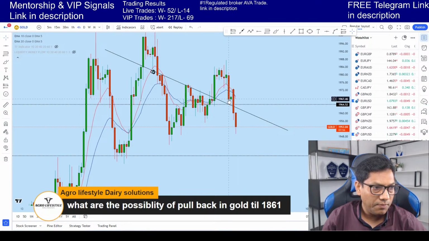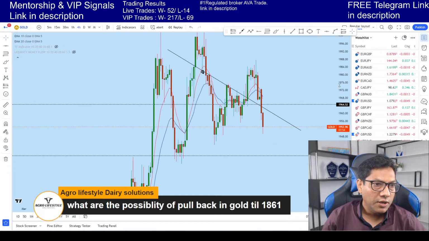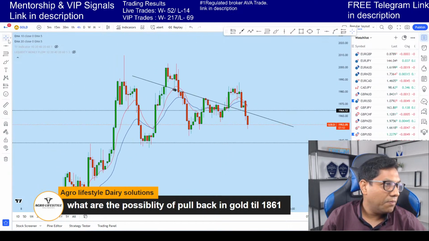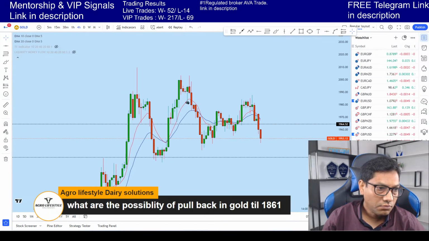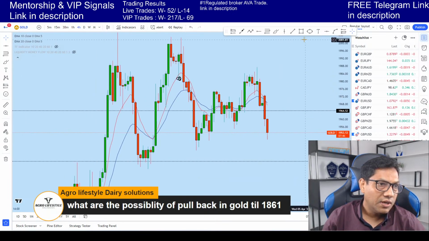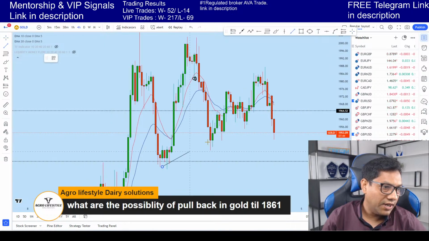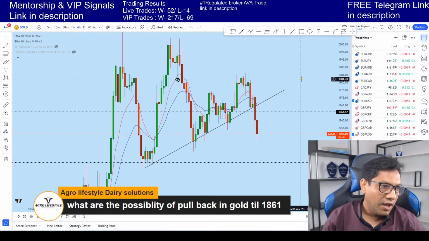There are back-to-back two dojis, because in a healthy market, any breakout should be accompanied by a retest.